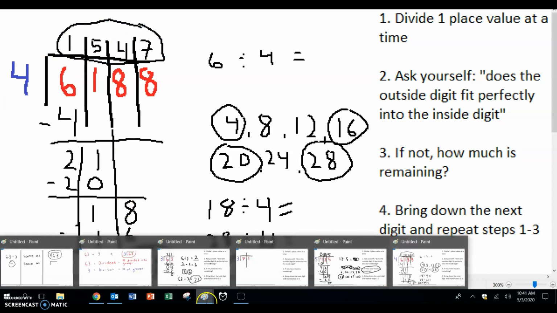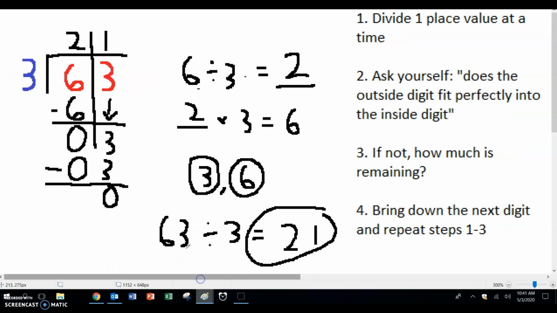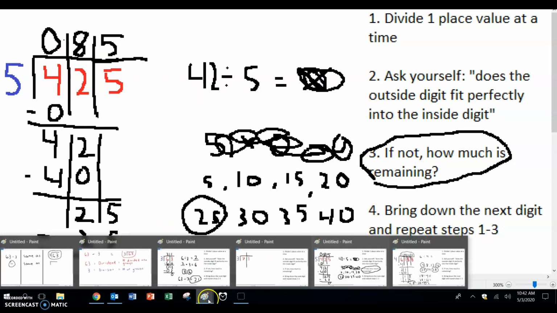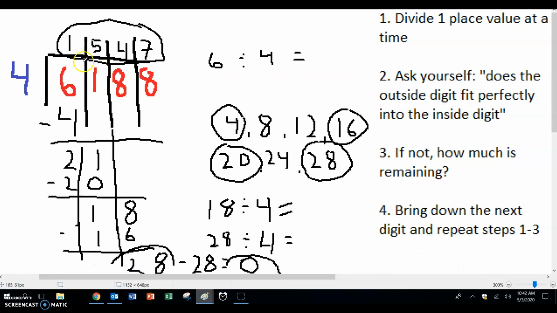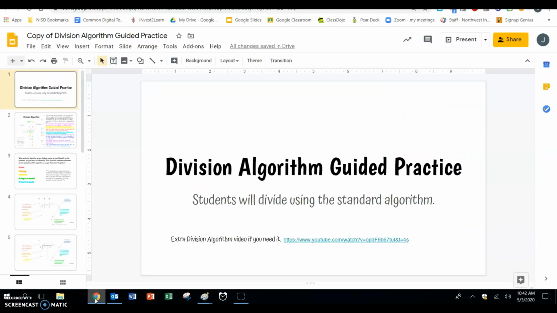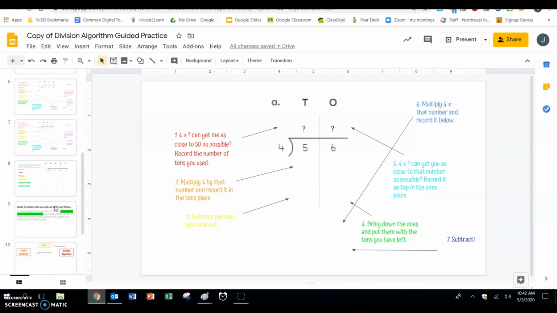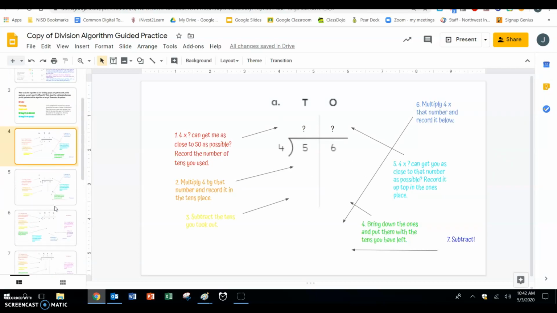1,547. We've now solved division problems with 2-digit dividends, 63, 3-digit dividends, 425, and 4-digit dividends, 6,188. Now it's your turn. For your assignment on Google Classroom, you are going to have to solve a couple problems using the standard division algorithm.